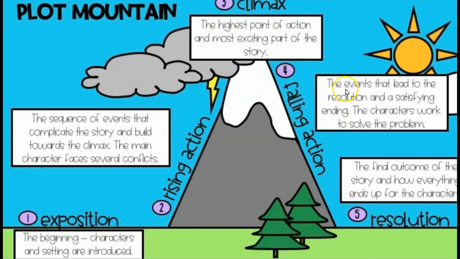The falling action are events that lead to the resolution and a satisfying ending. The characters work to solve the problem. And then obviously the number 5, the final outcome of the story and how everything ends up for the characters. Maybe in the resolution at the end, you tell me what lesson the characters learn.